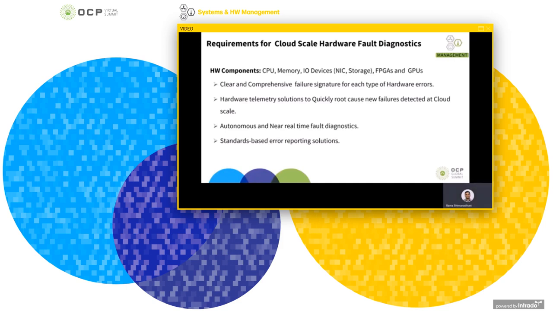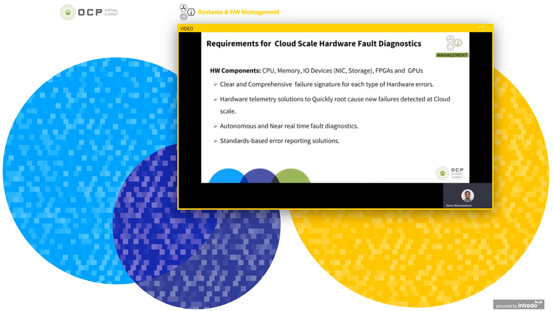First requirement is having a clear and comprehensive failure signature for each type of hardware error. Second, having high telemetry data to quickly root cause new failures that happen at cloud scale with production workloads.